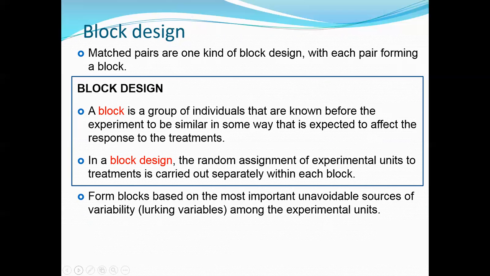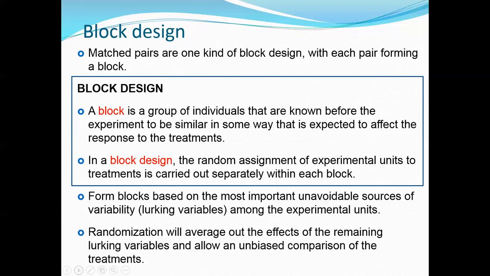Form blocks based on the most important, unavoidable sources of variability, lurking variables, among the experimental units. Randomization will average out the effects of the remaining lurking variables and allow an unbiased comparison of the treatments.